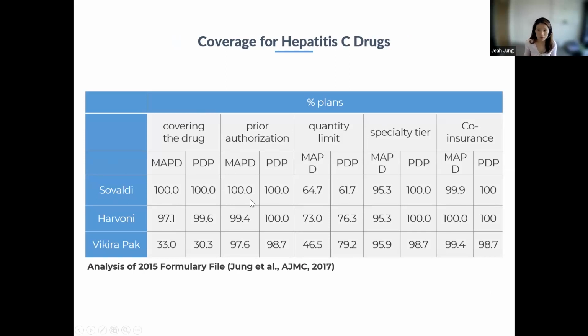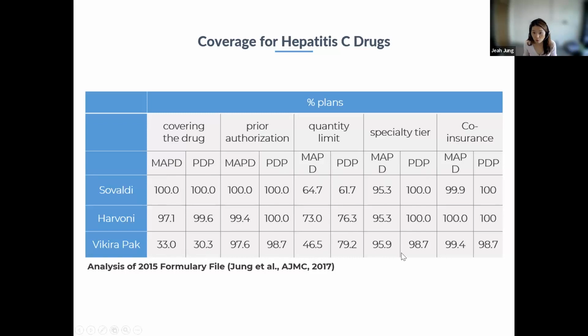They always required a specialist prescription or some authorization or explanation of why this patient needs Sovaldi. Viekira is covered by only 30% of these Part D plans, whether MAPD or PDPs. And quantity limits are more likely to be used for Sovaldi and Harvoni.